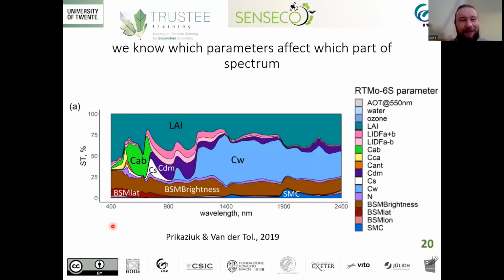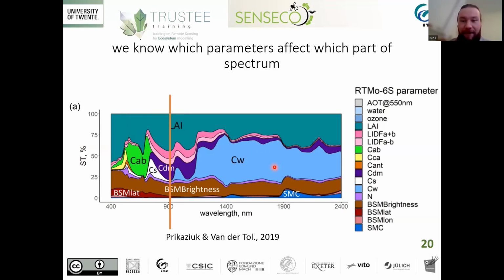People always come to me with this question, but no, you cannot. Look at this. We know where each constituent affects the spectra. If your sensor ends here, if you have only a visible and near infrared sensor, you cannot retrieve water, at least not with a radiative transfer model. There's no signal. I mean, it can give you a value, but the value won't make any sense.